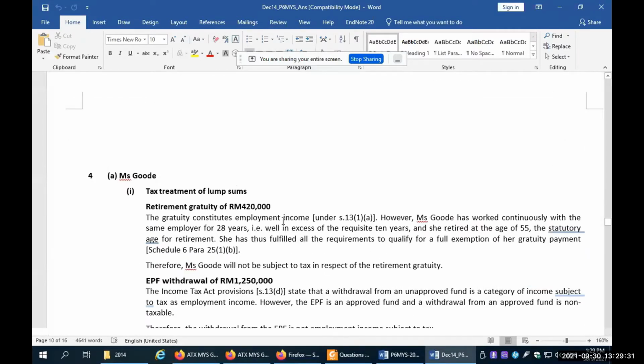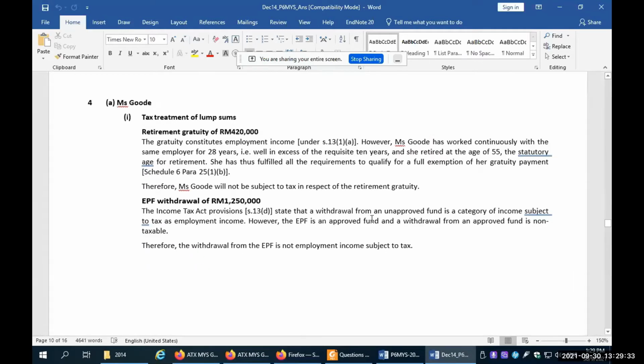Okay, so now if we look at the marks, the section you don't need to write marks. So my answer I've already highlighted to you. Now I highlight here again.